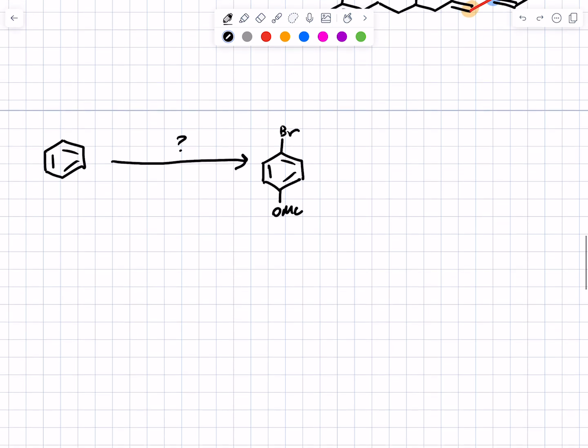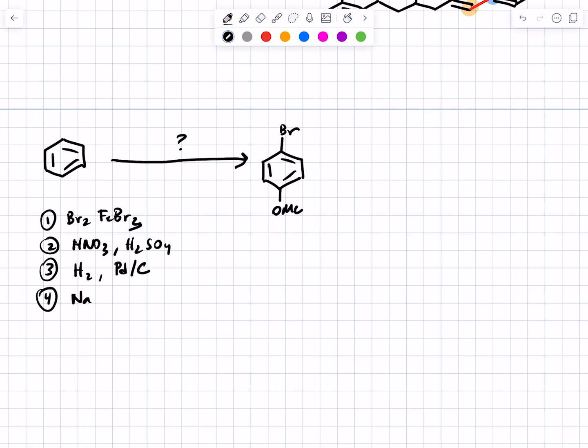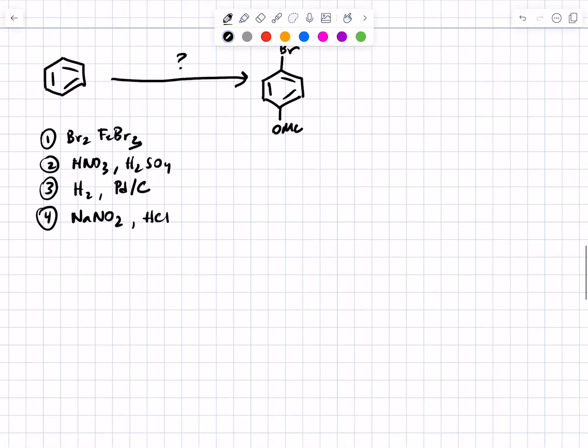Yeah. So probably doesn't matter in what order, but let's imagine first we do the bromination. And then second, we do the nitration, HNO3, H2SO4. Then we reduce with palladium to get the aniline. Then we do the diazonium thing. We convert the aniline into the diazonium group.